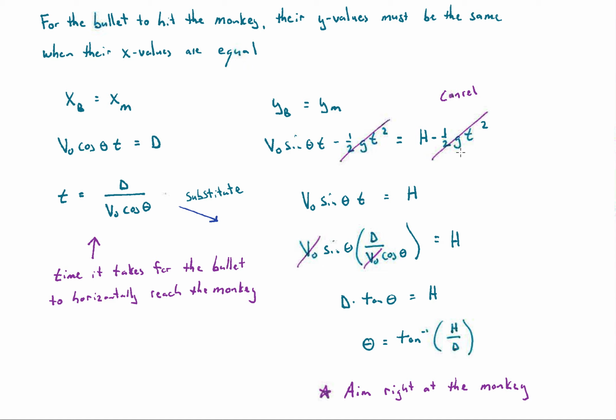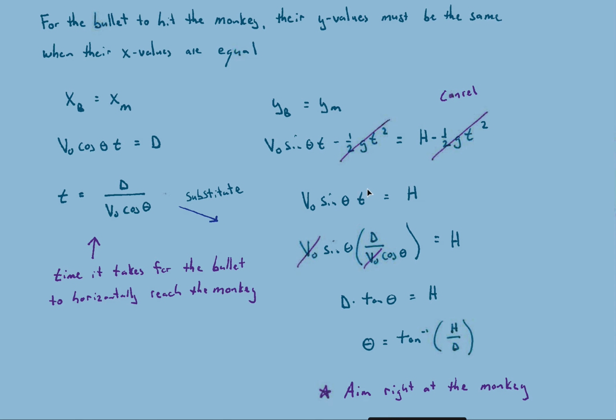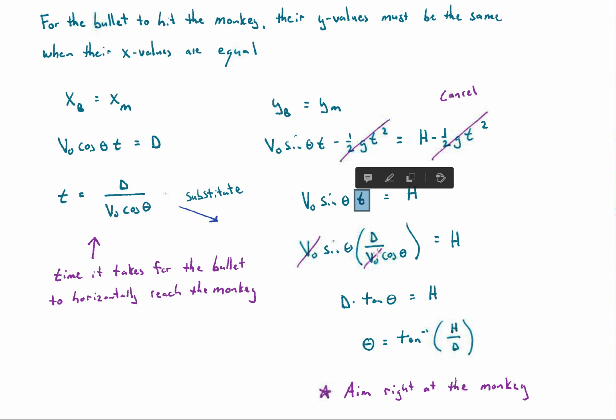The first thing you should realize is that algebraically, I can cancel these two values and get this. Then I'm going to take this time and substitute it in for t, because I know at that moment, that's when the bullet's gone a distance d, and I want the heights to be the same. So take that time, put it in here for t, and get this.